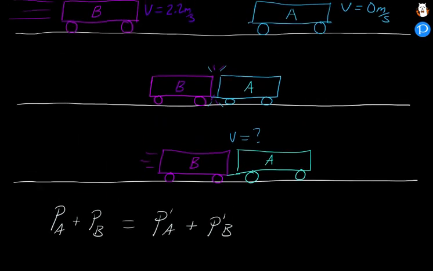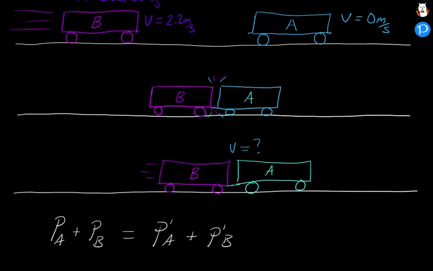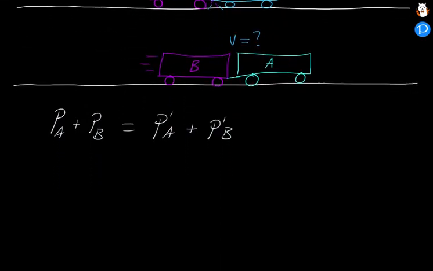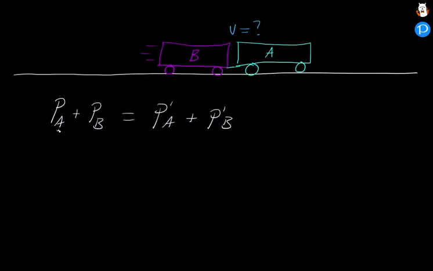Well, we know that momentum is equal to mass times velocity, so I'm going to simplify this a little bit. So we've got the mass and velocity of A plus the mass and velocity of B is equal to the mass times velocity prime of A plus the mass times velocity prime of B.